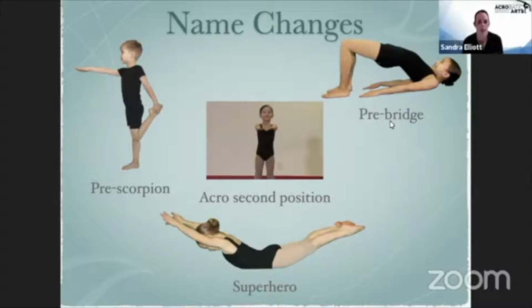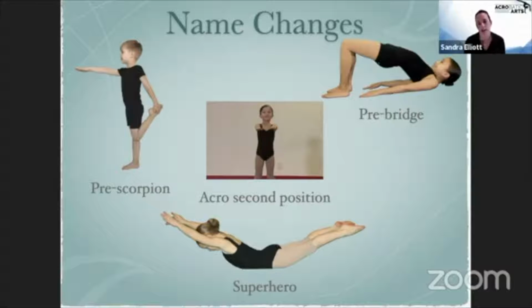So number 1 is our baby bridge is now called pre-bridge. Our baby scorpion is now called pre-scorpion. Our jazz second position is now called acro second position. And the main reason behind that is because we want dancers to understand that there's a difference between a wide jazz second, which jazz second normally is wider than hip width apart.